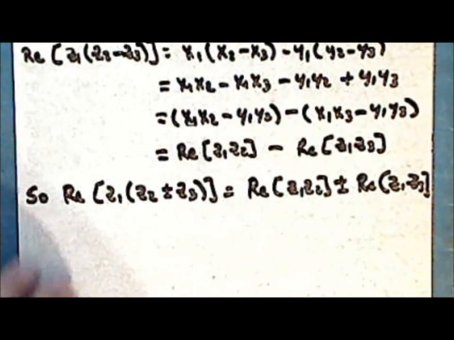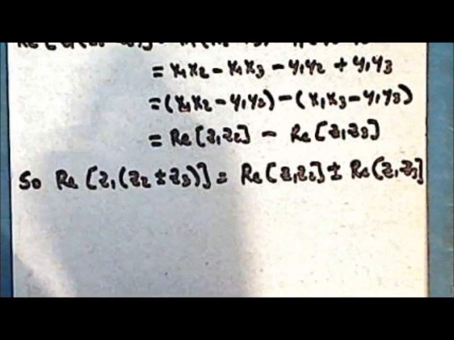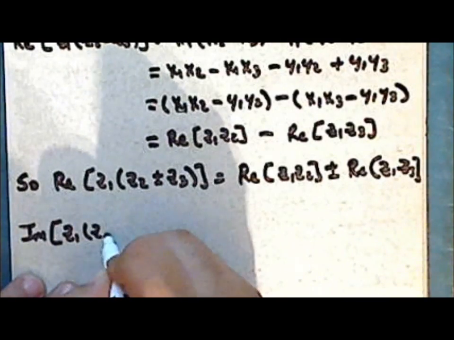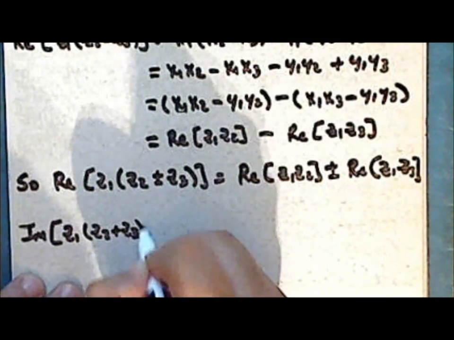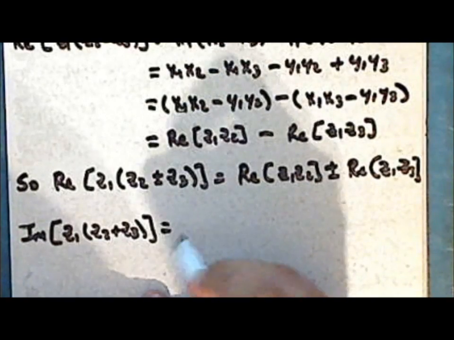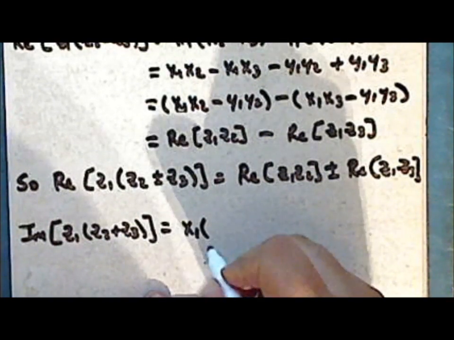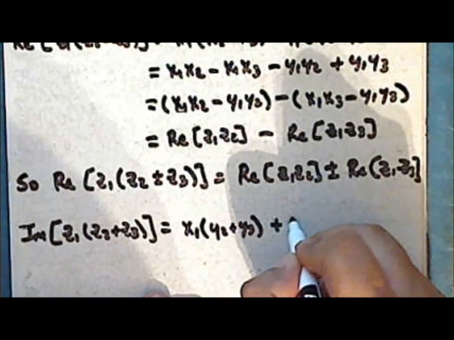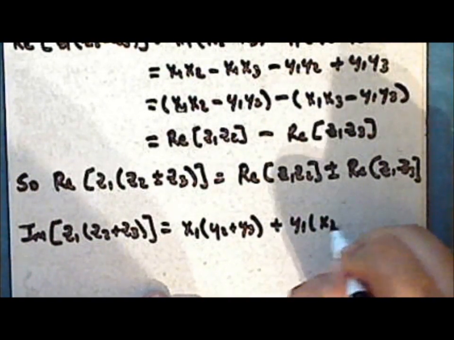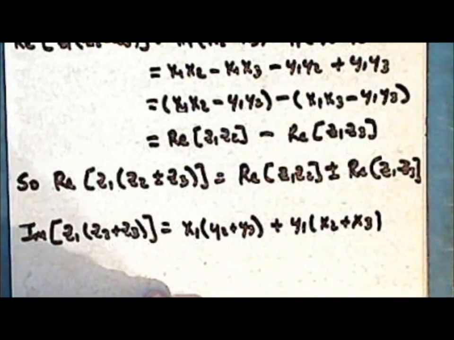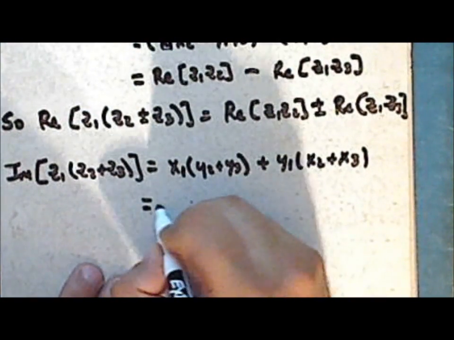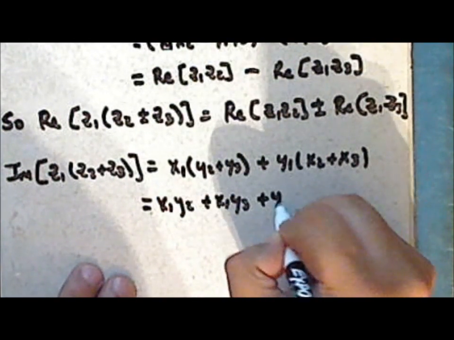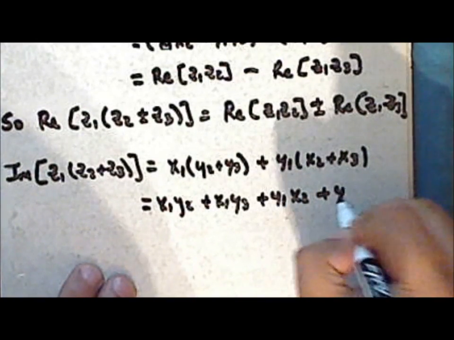So now we need to show that the imaginary parts are the same. The imaginary part of the product of z1 with the sum z2 plus z3 is x1 times the quantity y2 plus y3 plus y1 times the quantity x2 plus x3. So we have x1 y2 plus x1 times y3 plus y1 times x2 plus y1 times x3.